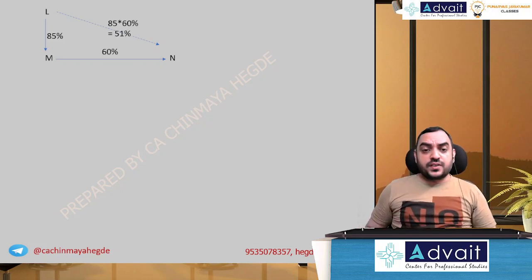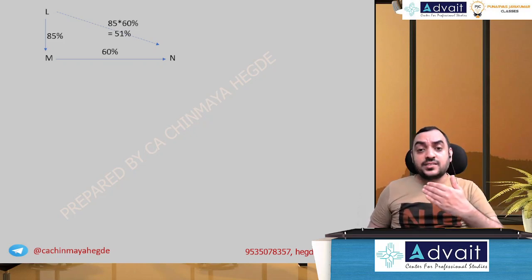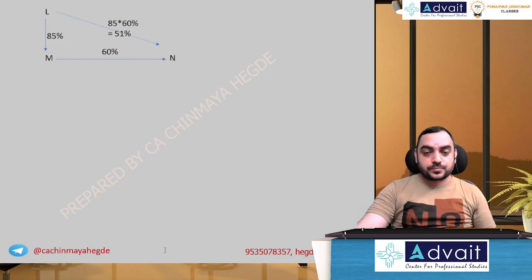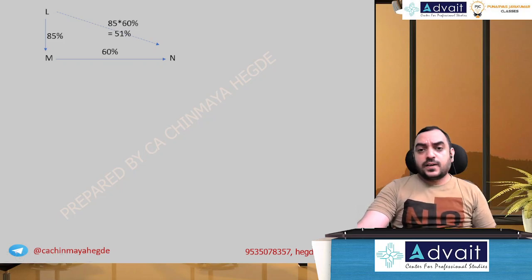The 51% is the holding company share, and the remaining 49% will be considered as NCI share. So this is one thing required while doing our working note format.